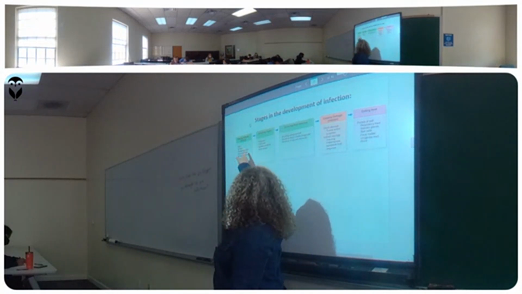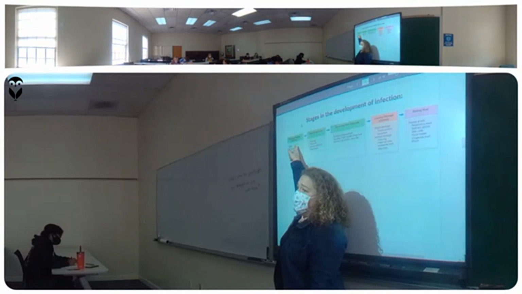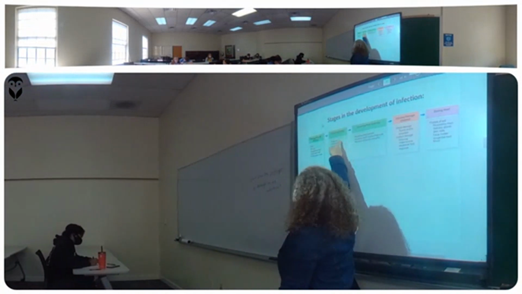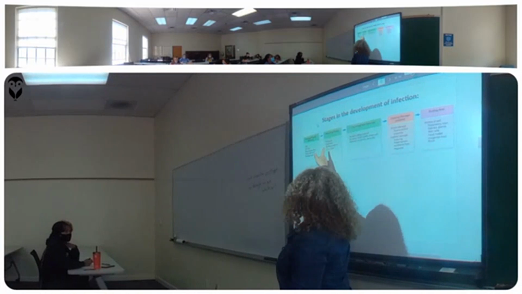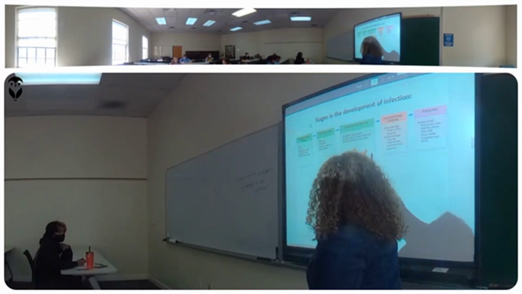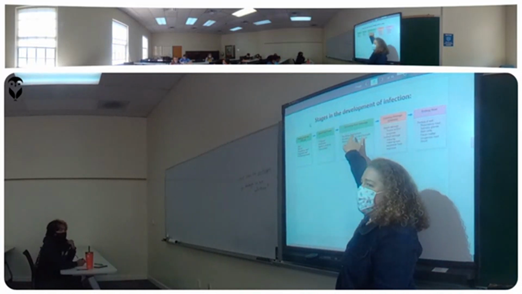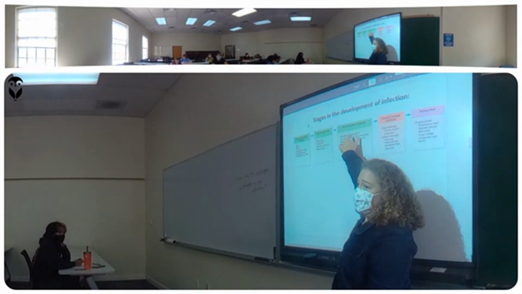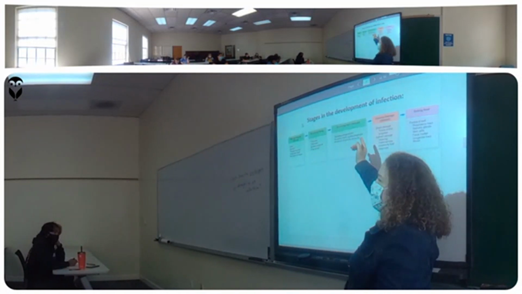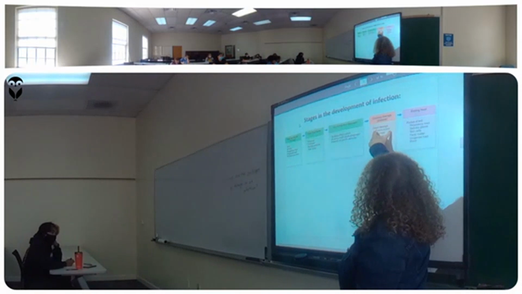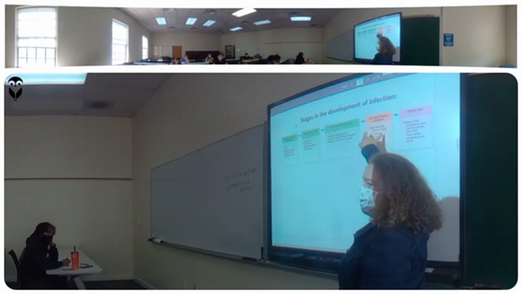So it has to go to the correct portal of entry. It has to attach to the host and stay there and not get washed away. It has to survive the host defenses. And then if it's an infection that we care about, it has to cause some kind of damage.